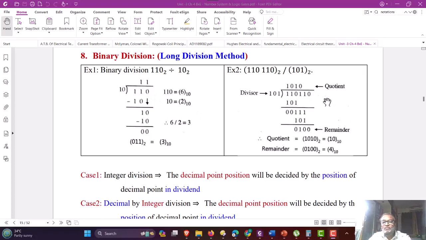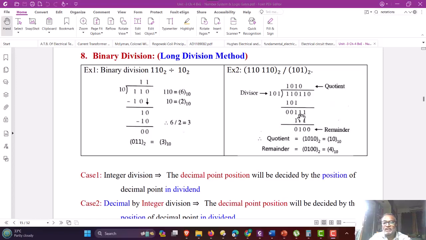Here somewhat more bits are considered. Here the divisor is 101, so we will consider the first 3 bits. 110 divided by 101, the quotient will be 1. We will subtract 101 from 110. The remainder will be 1.